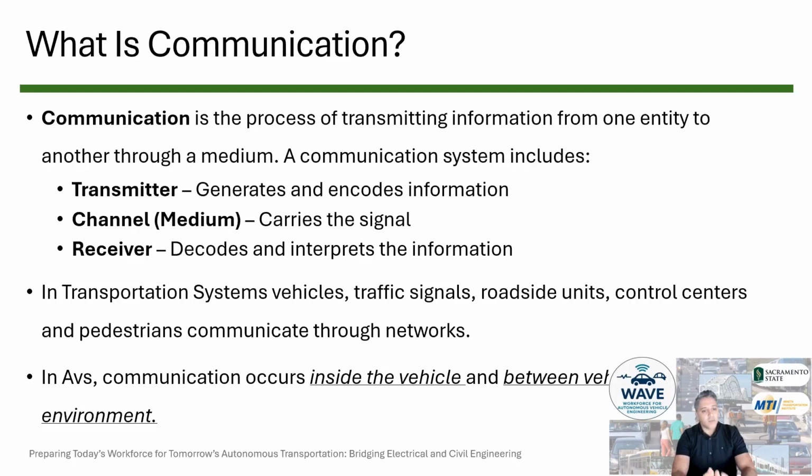Now, autonomous vehicles have an extensive communication network, which happens inside the vehicle between the sensors and all the elements that are connected, like everything mechanical and electrical, and there is another communication that happens externally between the vehicle and its environment, which we are going to talk about in more detail.